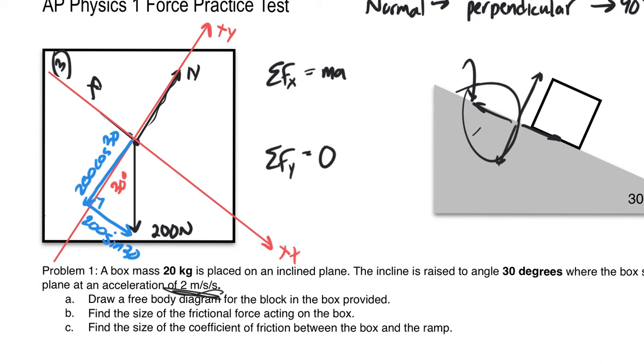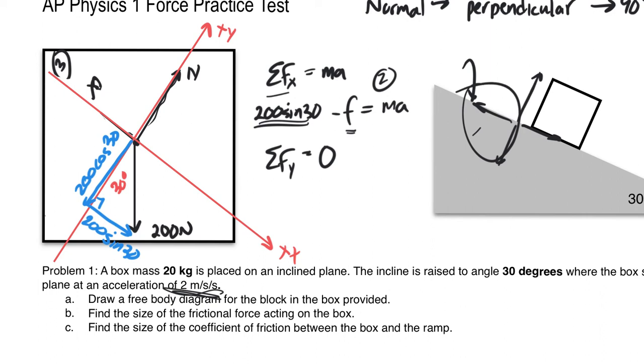And now, in the x direction, I have this force and this force. One of them is positive. 200 sine 30 points in the positive x direction, so the friction must point in the negative x direction, and they equal ma. This part's, if you're looking for points, I'm going to give points for summing up all the forces and taking into account their direction, which means there's probably 2 points for putting something to represent the weight in the x direction and something to indicate the friction.